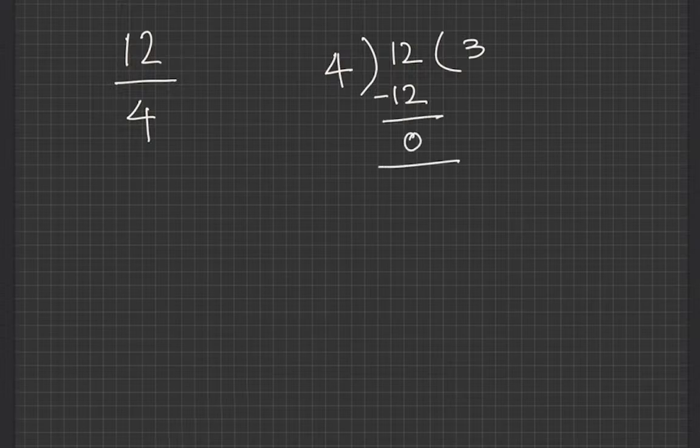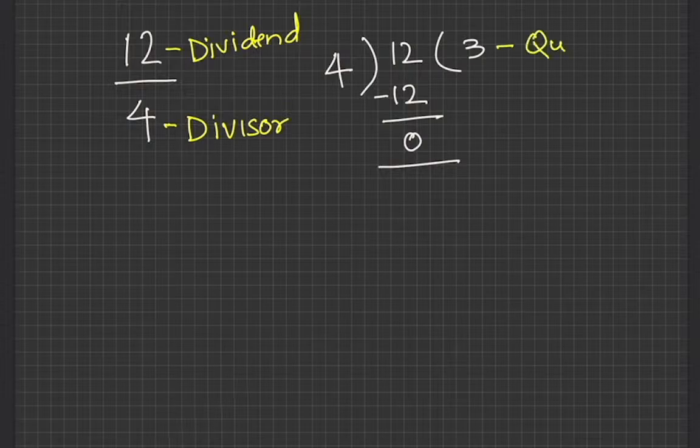Let's familiarize again. This 4 is called the divisor, 12 is the dividend, this 3 is called the quotient, and 0 is our remainder.